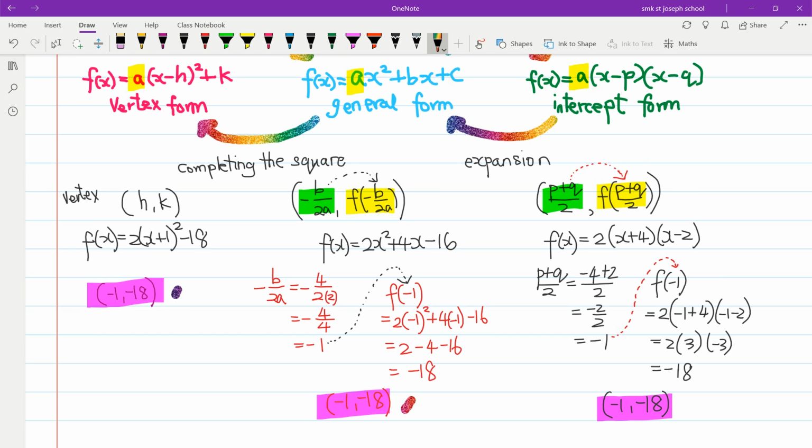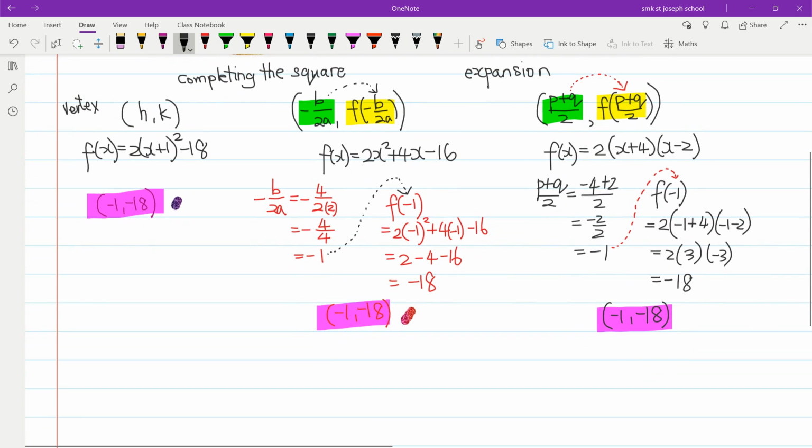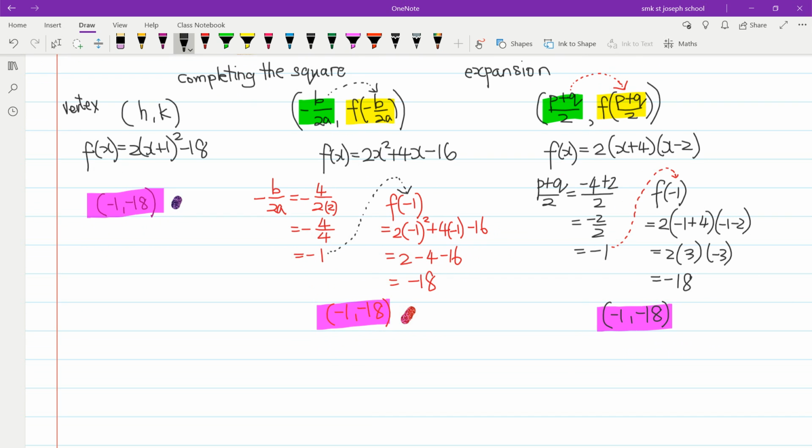So after getting the vertex, regardless of the form of the quadratic function, the axis of symmetry is x equals negative 1.